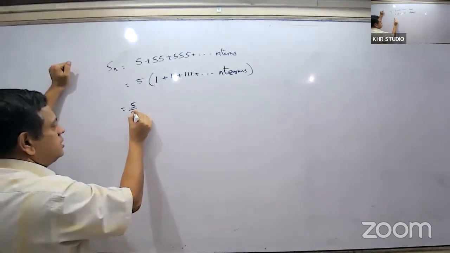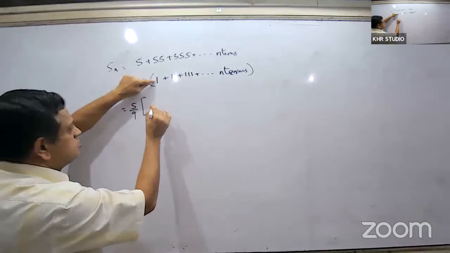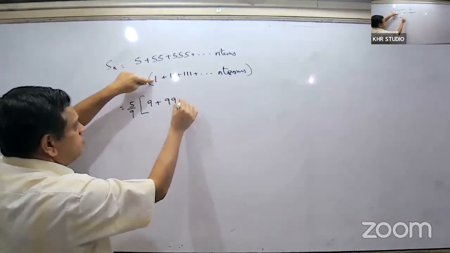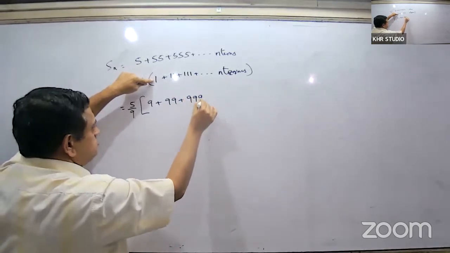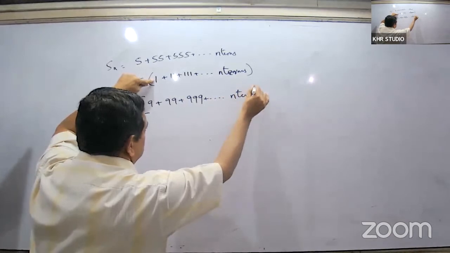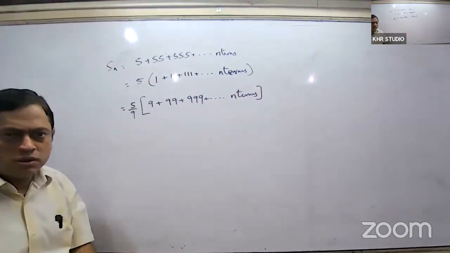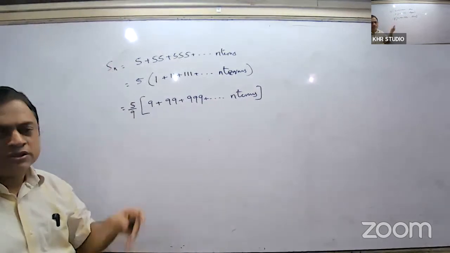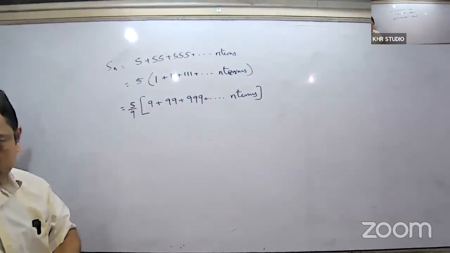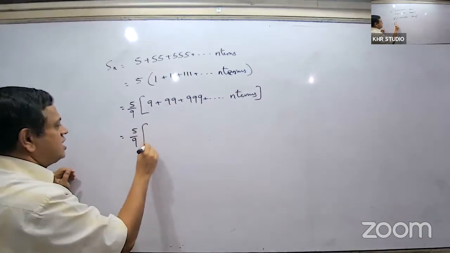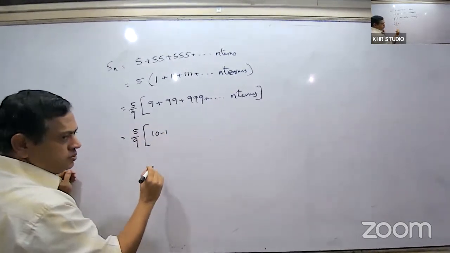That means 5 by 9 into 9 plus 99 plus 999. First we take 5 as common, multiply and divide by 9. Still it is not a GP. So 9 can be written as 10 minus 1.